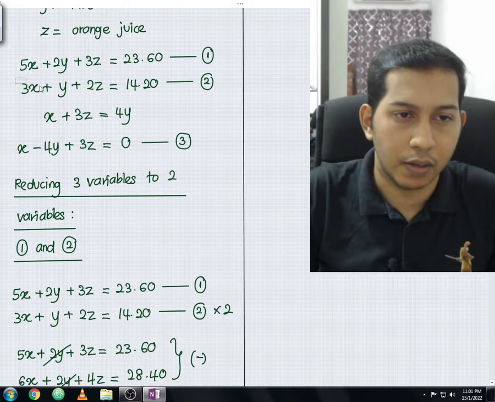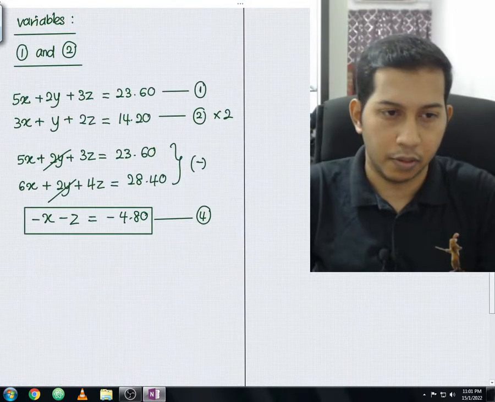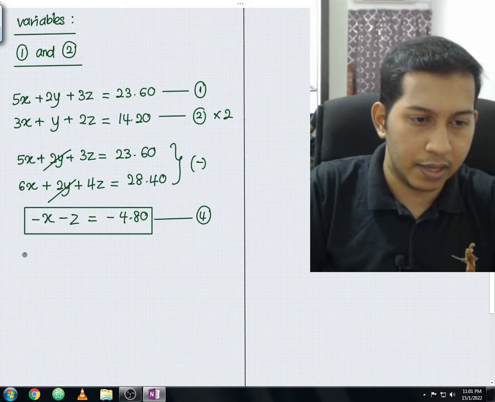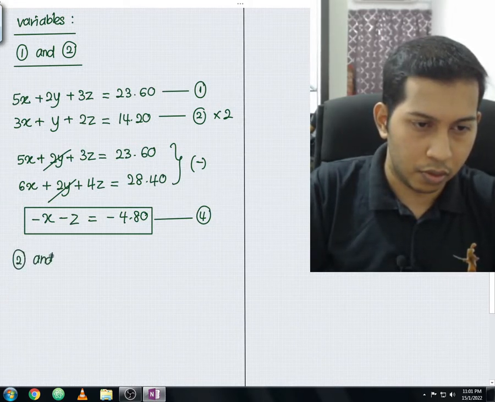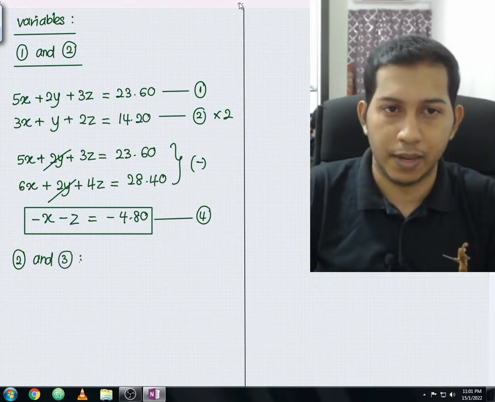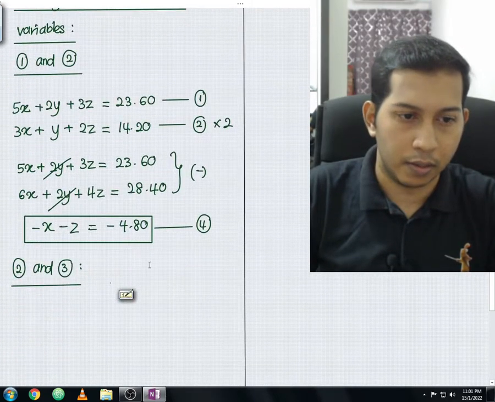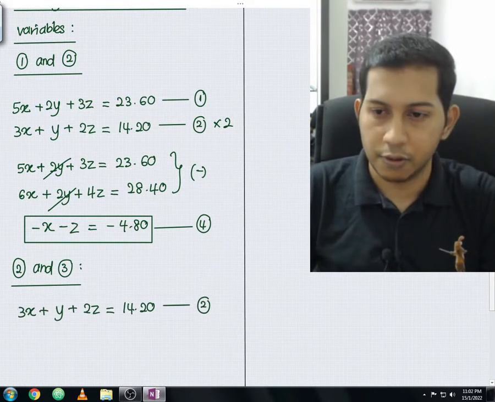So let me just copy paste this. But before that, let me just write down the working here. In this case, it will be 2 and 3. Let me underline this, and paste the equation over here. So this is equation 2.